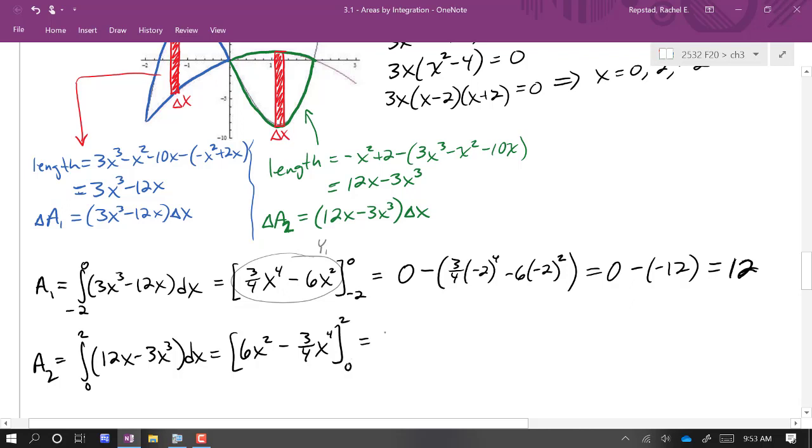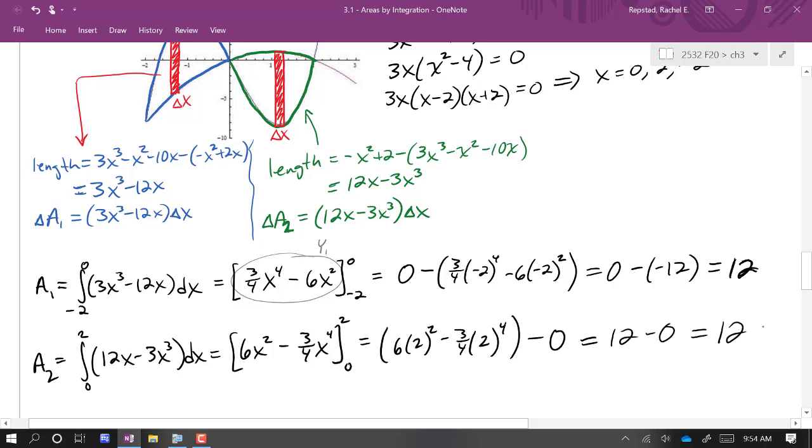We're going to plug in 2 first. And then when we plug in 0, again, we're going to get 0 because there's a factor of x in every term. It will be probably unsurprising that when we evaluate the expression at 2, we get 12. So we get 12 minus 0, which is 12.